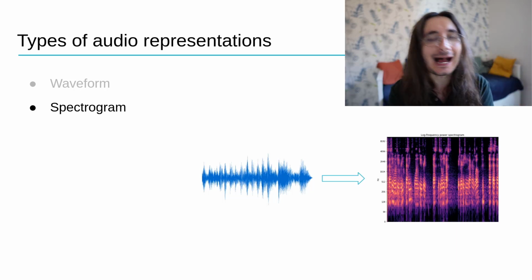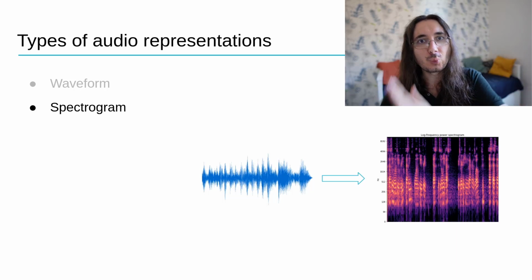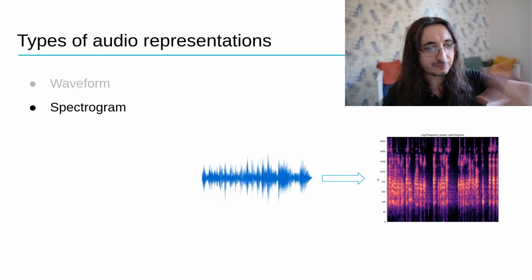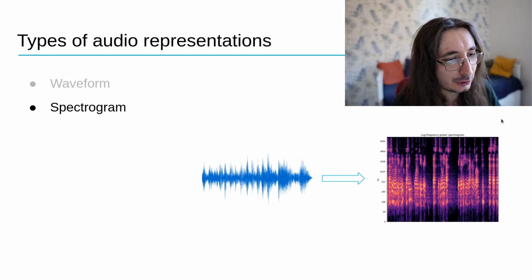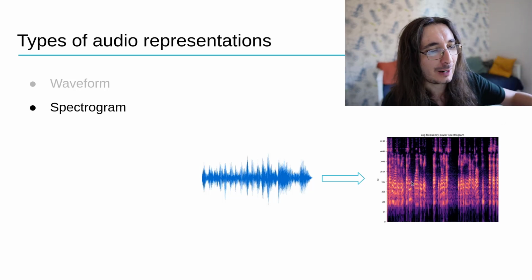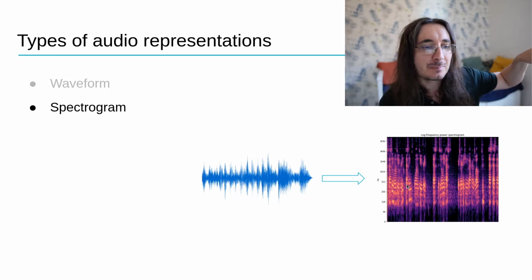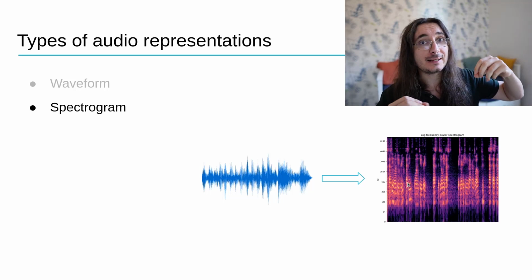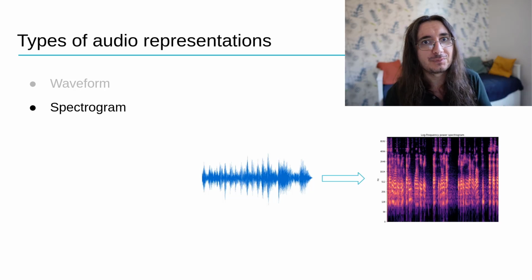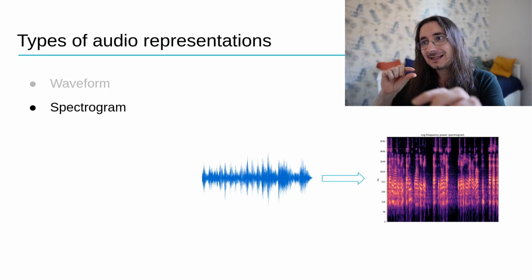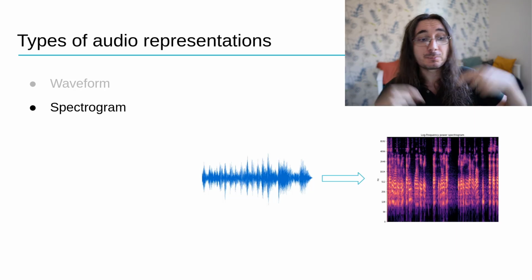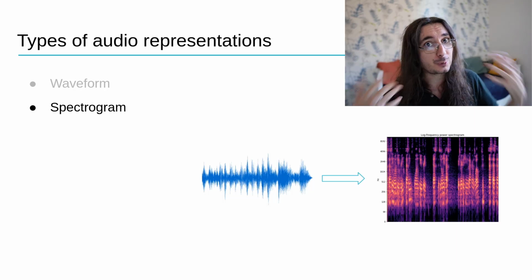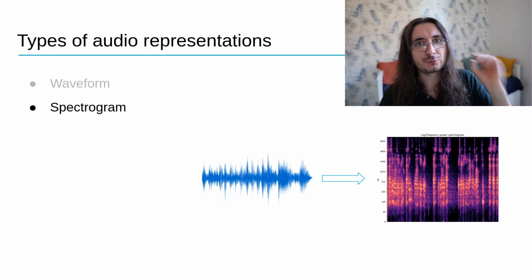So the x-axis is going to be time, the y-axis is going to be frequency, and as you can see here you have a representation of a spectrogram, and it's basically a heat map, because at every point in this grid for a particular time and frequency band you have a color that represents how present that frequency band is in that particular point of time. The brighter the color, the more present, the stronger that frequency band is.